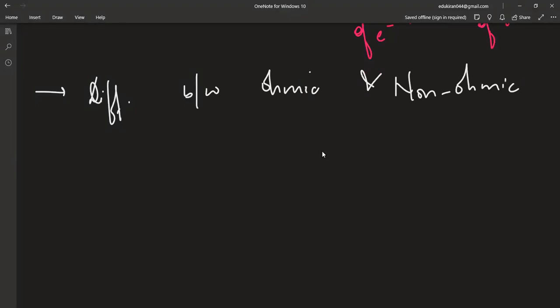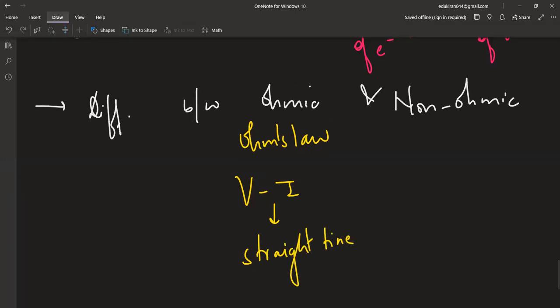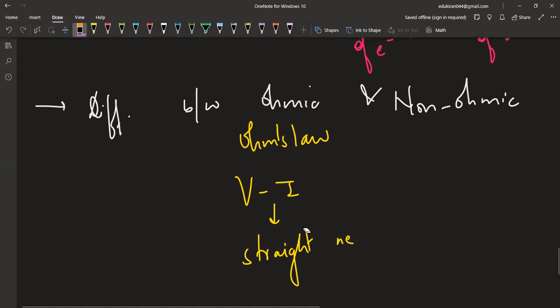So for ohmic conductors, what all things you have to remember if the question comes to differentiate between them or to write about it. So you have to remember which obeys the Ohm's law. These are called ohmic conductors. Apart from this, VI graph is a straight line. These 2 points are very important. VI graph is a straight line.